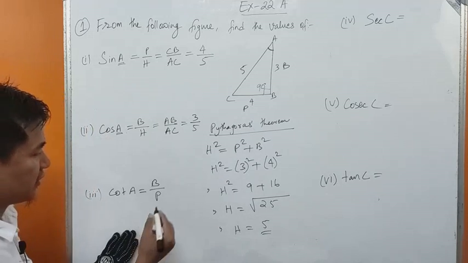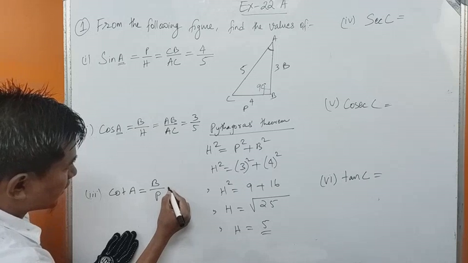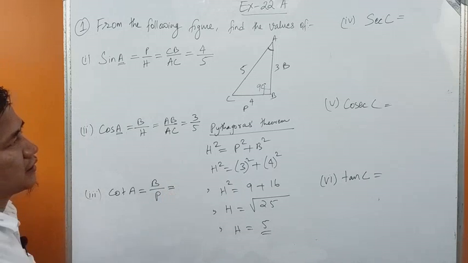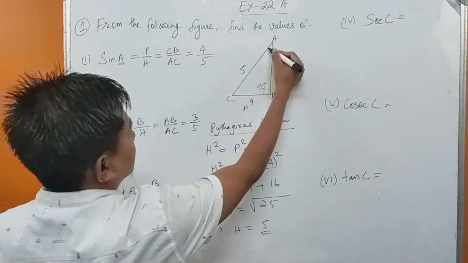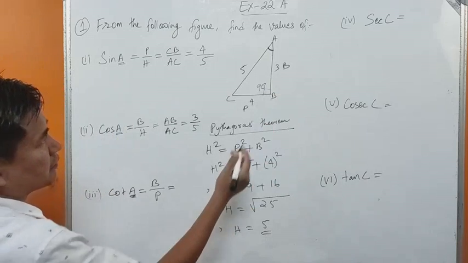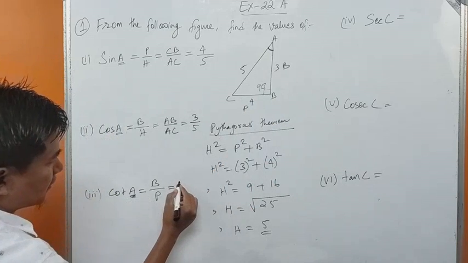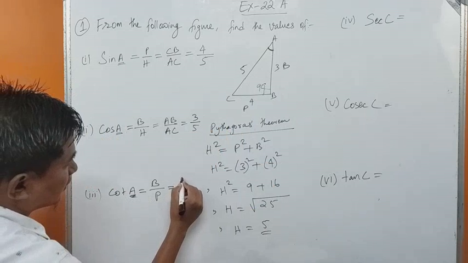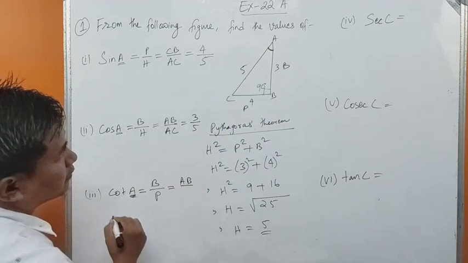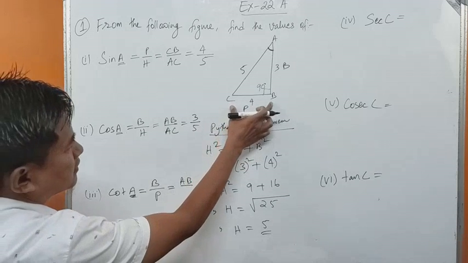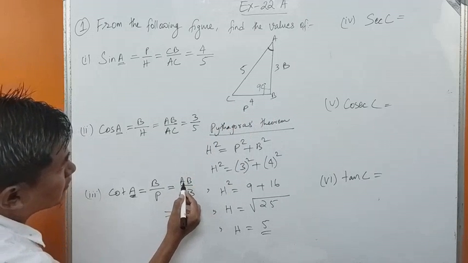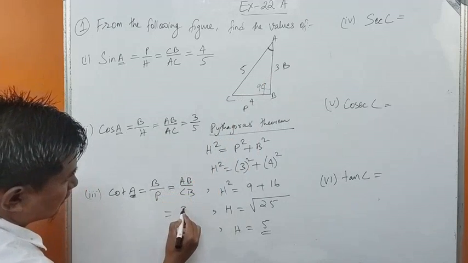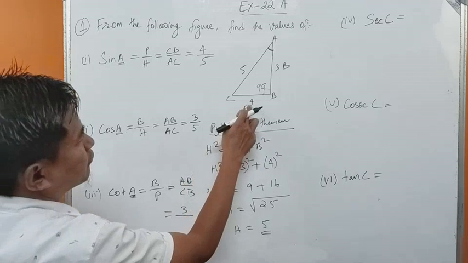B means base for angle A, the same angle. Let us write first AB, base AB upon perpendicular CB. Now let us put the values: AB is 3 upon CB, CB is 4.